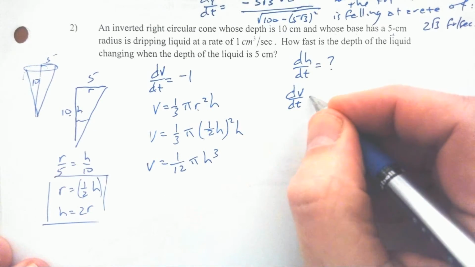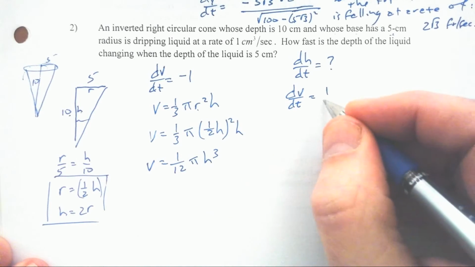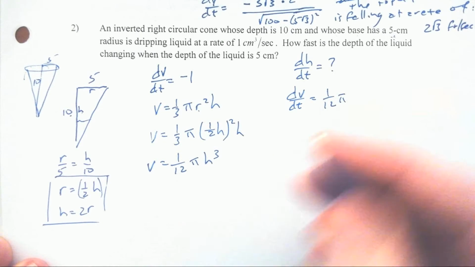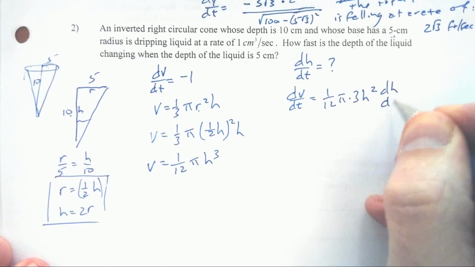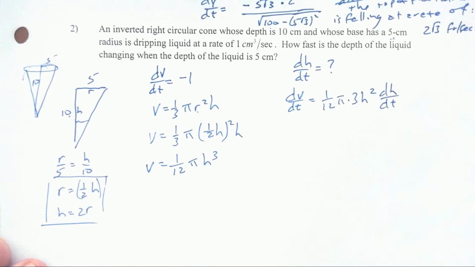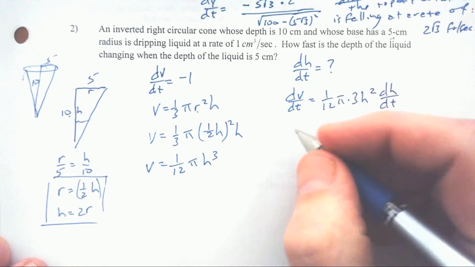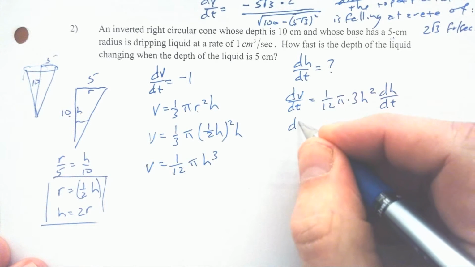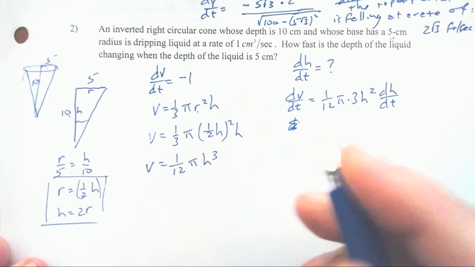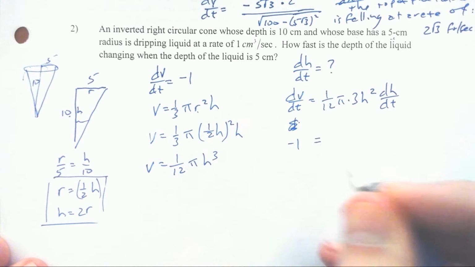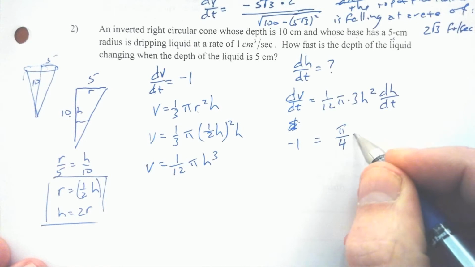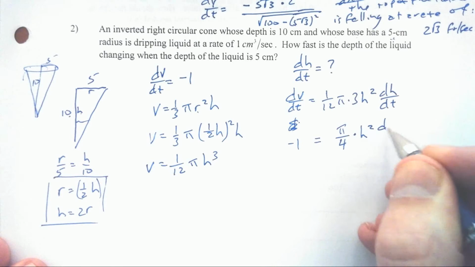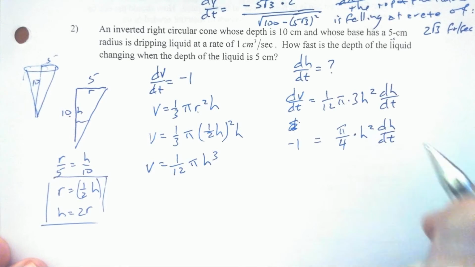The volume is 1/12 pi, the constant survives, times 3H squared dH/dt. Actually, dV/dt is -1. So -1 is 3 times 1/12 pi, or pi on 4, times H squared dH/dt.